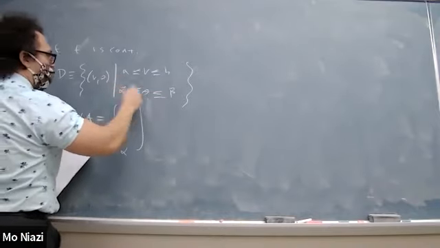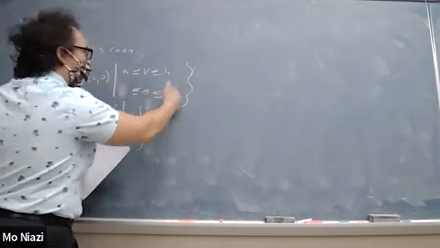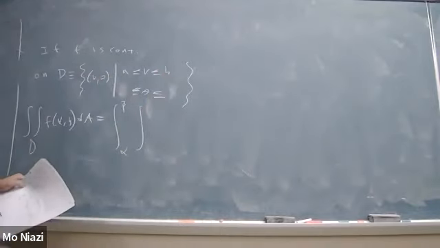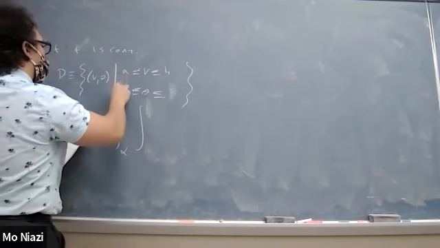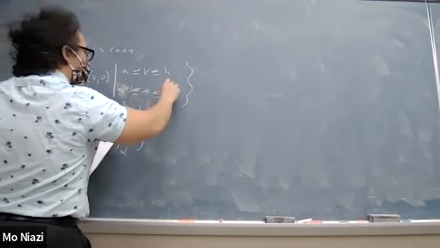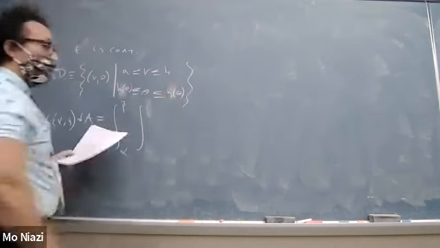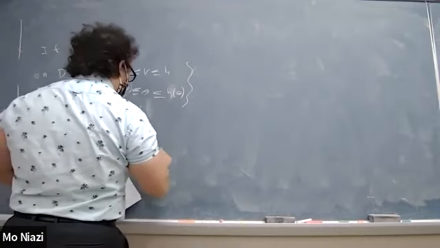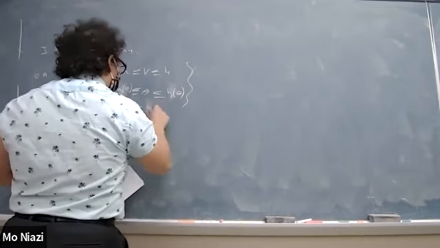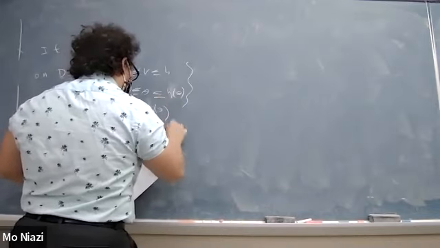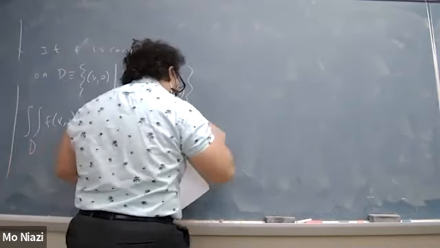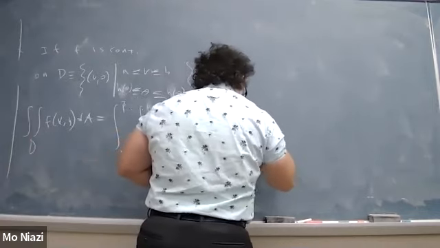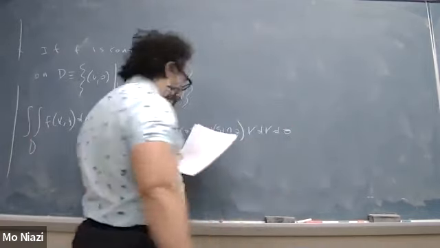So they used to be alpha and beta, but alpha and beta are just real numbers. So we can have a function of theta that evaluates to those real numbers. Could we not? Because for every theta, you can input it to a function and it will output another value. So this becomes h1 of theta, h2 of theta, f of r cosine theta, r sine theta, r dr d theta.